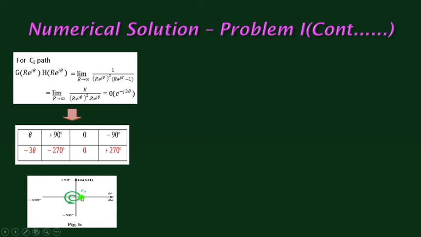So the positive angle is increased. This point is 0, then plus 90, then plus 180, then plus 270. This point. But the magnitude is always 0. So this point is the starting point and this is the finishing point.